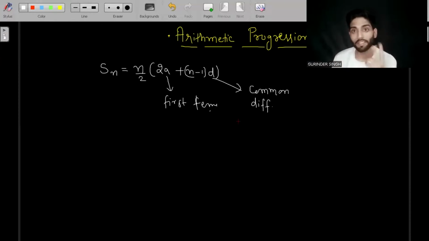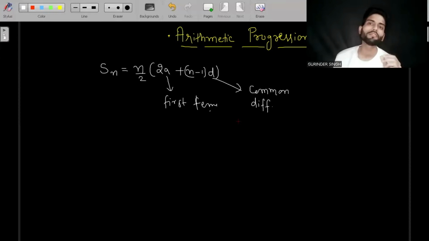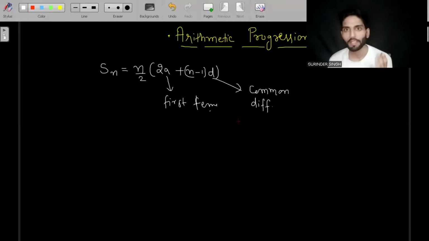The difference of any two consecutive terms in an AP is called d, the common difference.